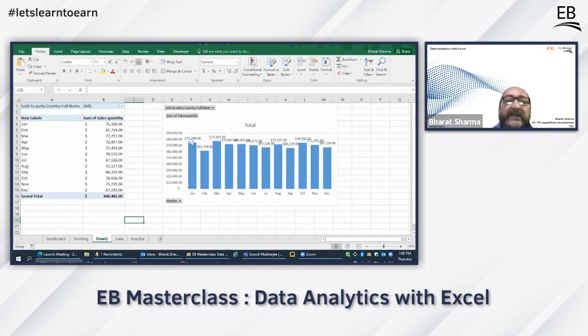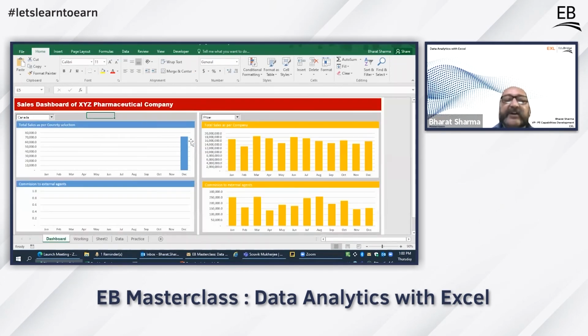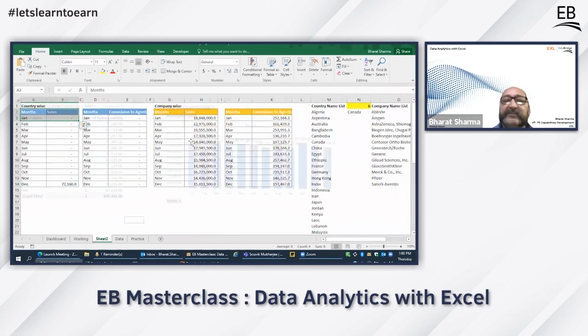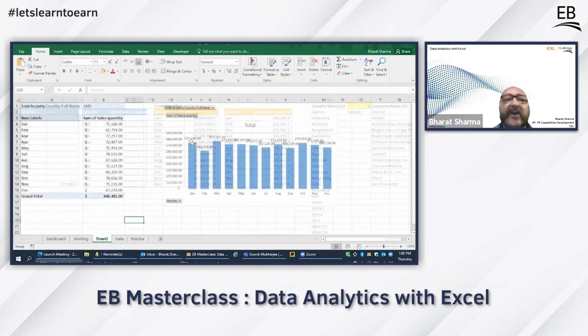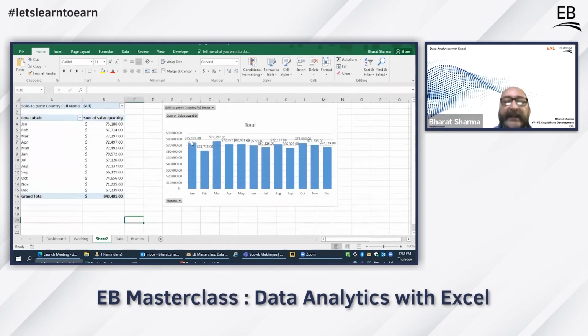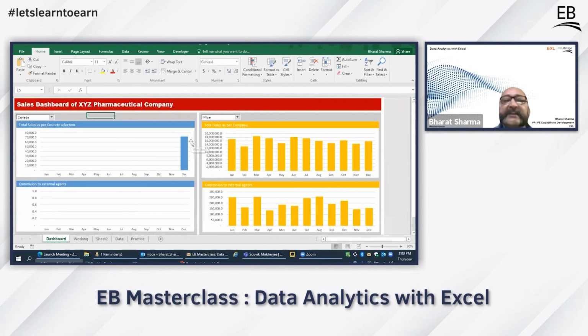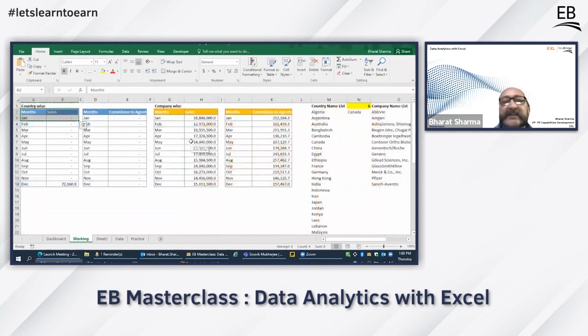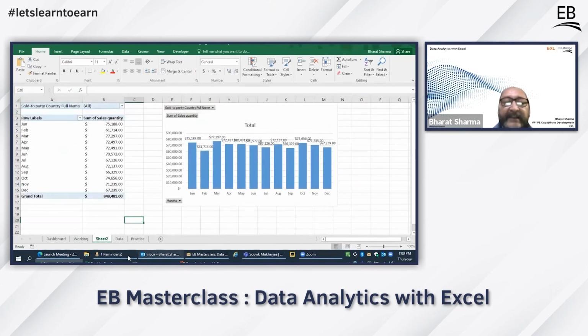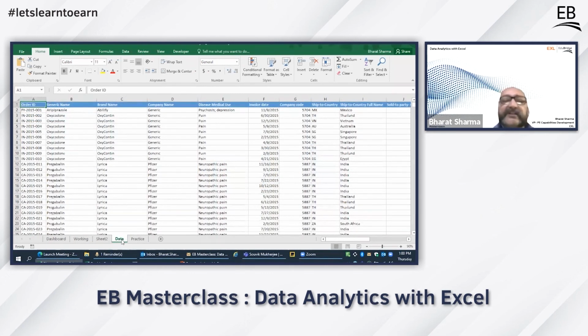I've done certain pre-work already on these files for you. People who have a little knack of Excel can run through this, learn a lot more things, and get prepared for tomorrow. And then there is another file that is shared, which is something as a takeaway. Once you learn on this data, I expect you to use those files and work on your own.